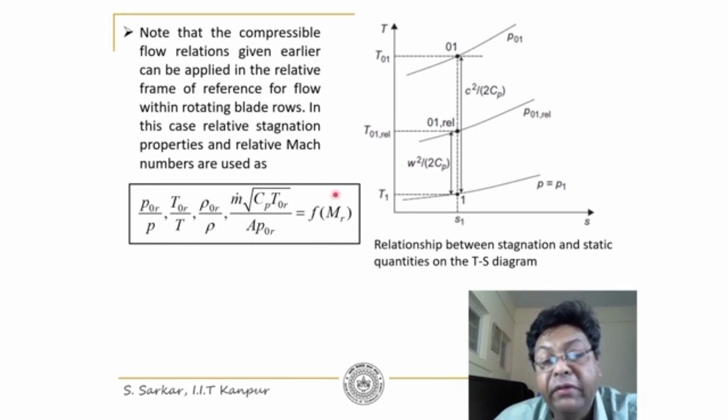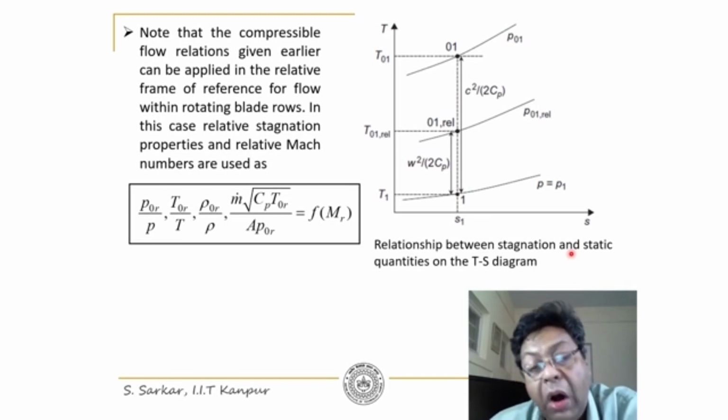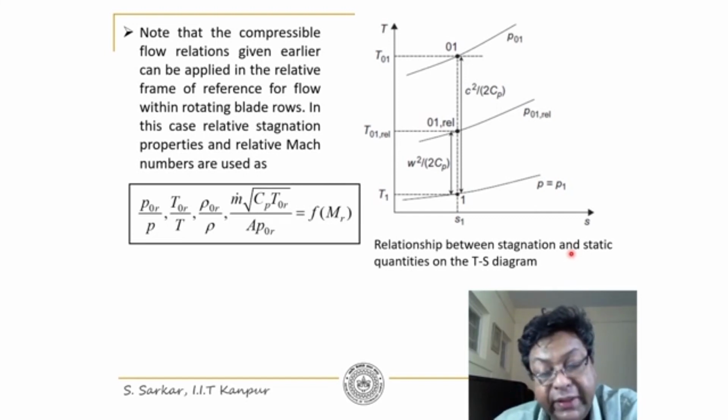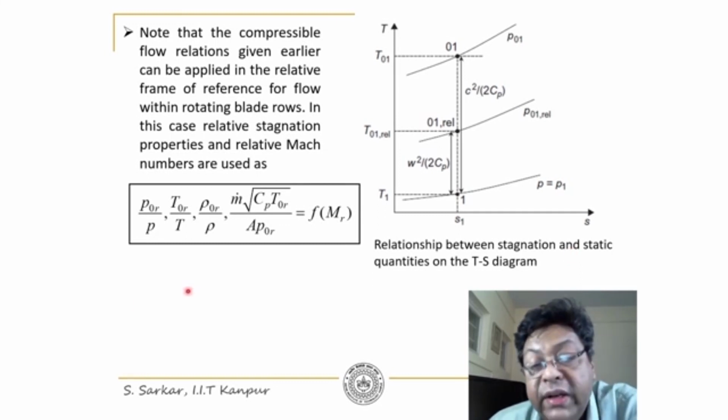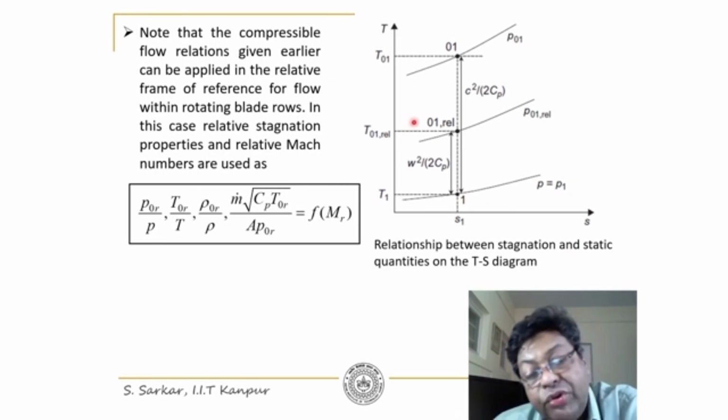Now here I have given a graphical representation of how the total quantity and static quantity can be related in graphical form. Suppose 1 is the static condition, 01 refers to a total condition.